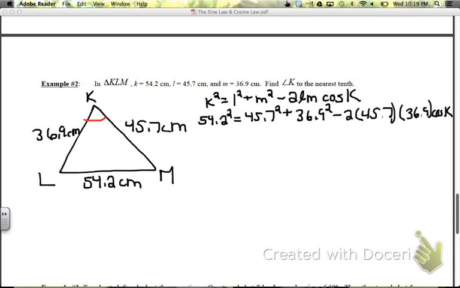So now what I'm going to do, I'm going to square each of my values here.